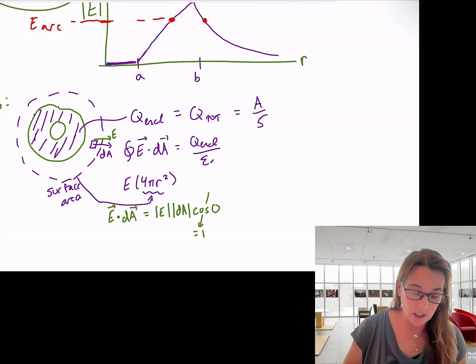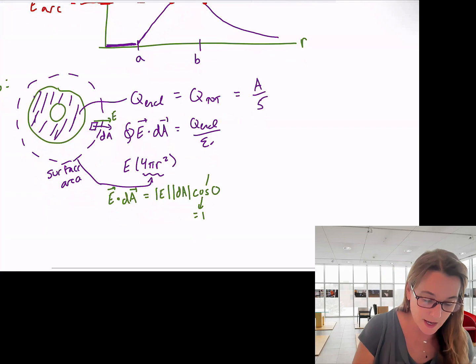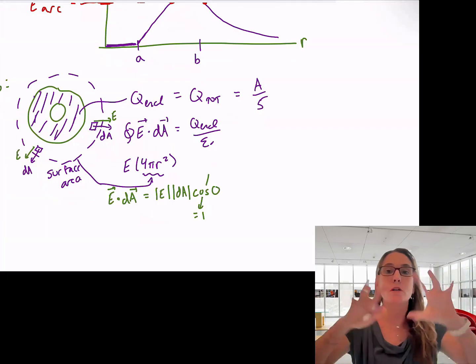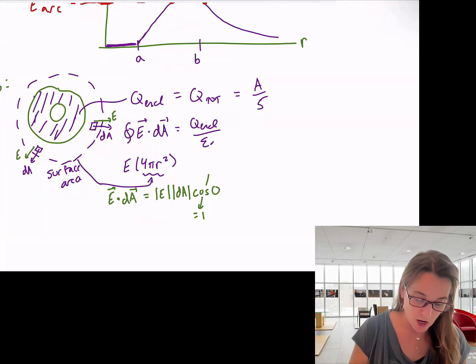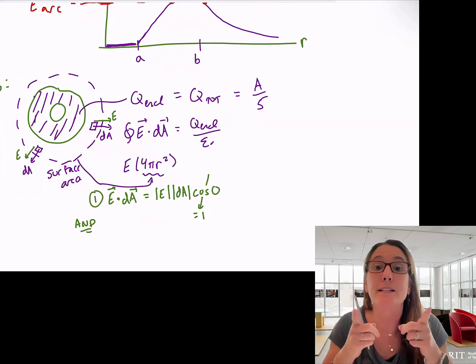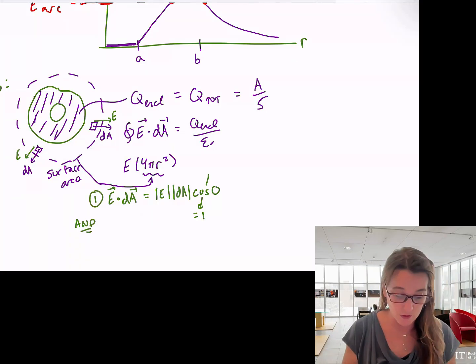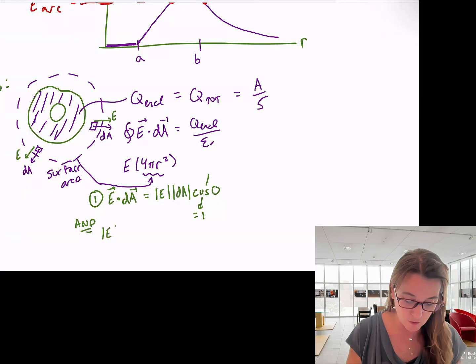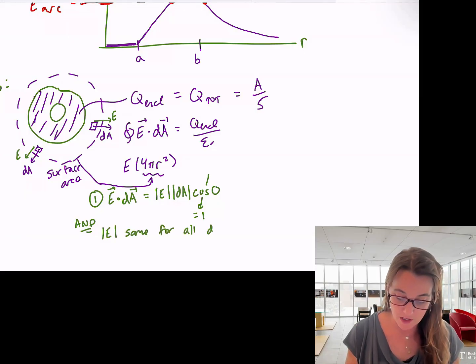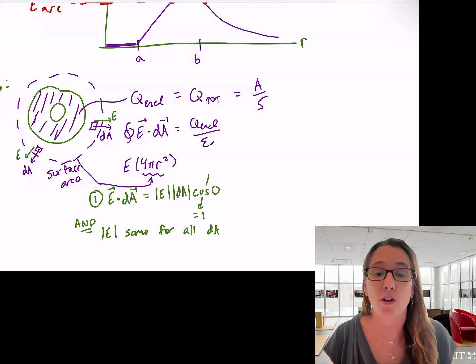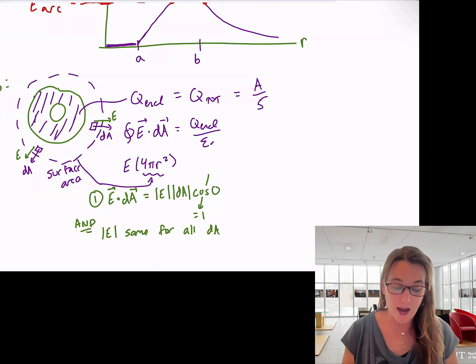And then the second reason is that every little dA on the surface has the same magnitude of E because it is symmetric. So this is a key point: E and dA are parallel everywhere on the surface, and the magnitude of E is the same for all of the dAs on the surface. And so that allows us to take the E out of the integral.